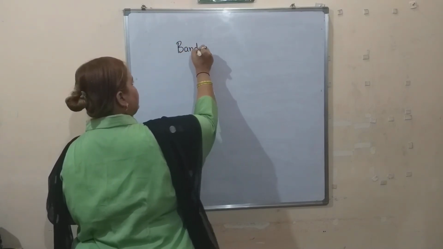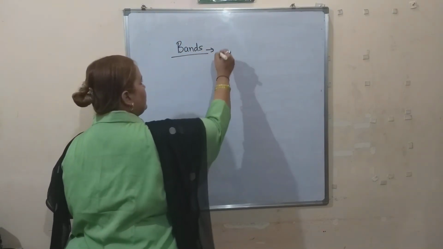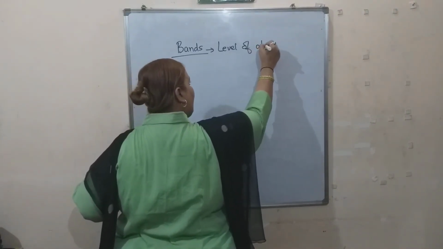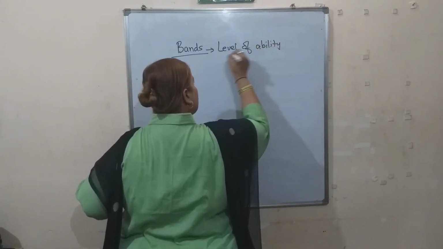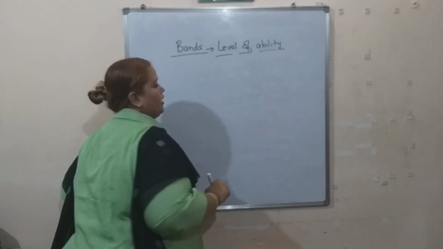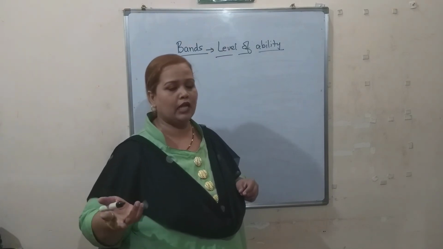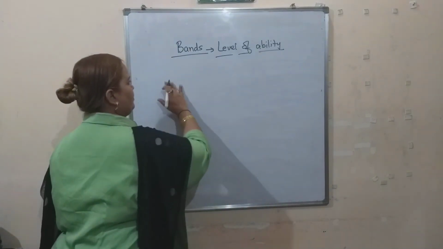You know what bands are? Bands exactly mean the level of ability. They have their own criteria on which they judge the candidate. They have their own forms on which they make your results. So bands mean the level of ability.